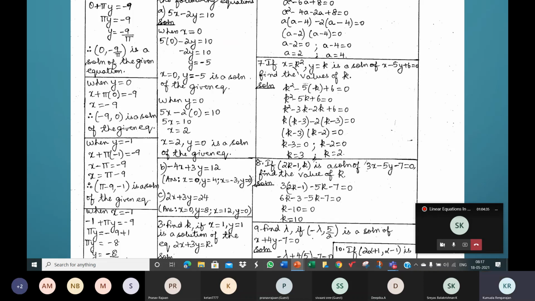So the first question was find 4 solutions. Second one, find 2 solutions, and the 2 solutions must be like 0 comma something and something comma 0. 0 comma something meaning when x is 0, what is y? The next one is when y is 0, what is x? So something comma 0.